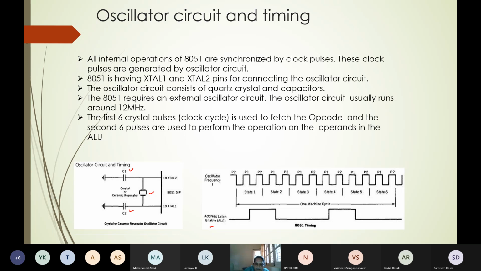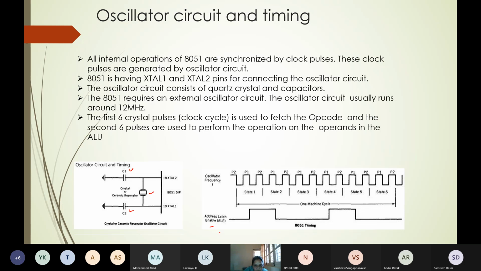This ALE signal is used to demultiplex the lower order address bus and the data bus. Port 0 lines are used as the input output port, and also as the lower order address bus and the data bus. Whenever you access the external memory, you need to send the address, and you need to send the data or read the data from the memory. Since the same lines are used for sending the address and the data, I need to demultiplex those lines, and this is done with the address latch enable.